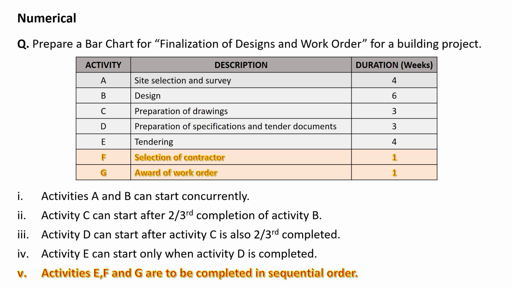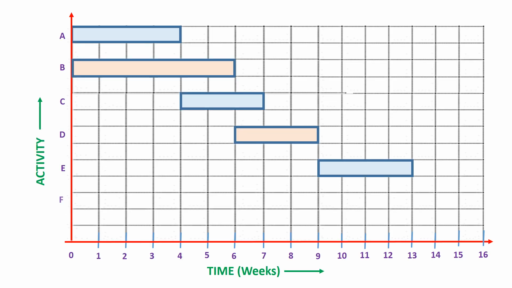Now let's see how to draw these activities in the Gantt chart. I have my activity F and activity G. Now activity F is going to start after activity E is completed at time t equal to 13, and the duration of activity F is 1 week.